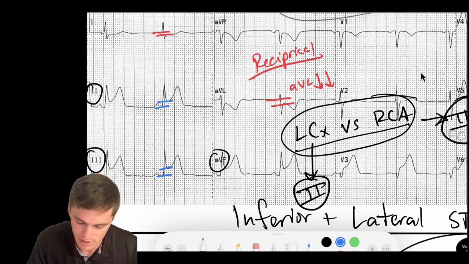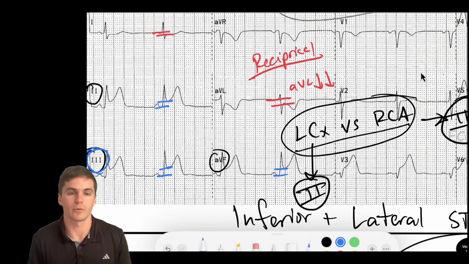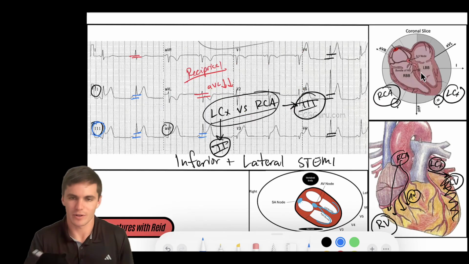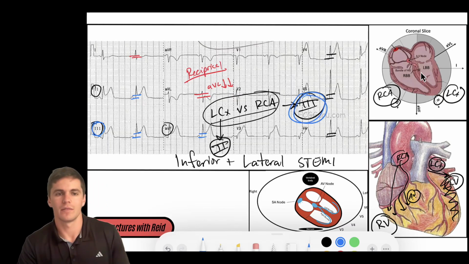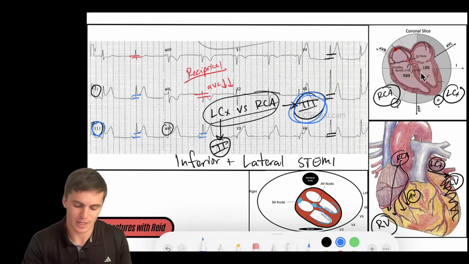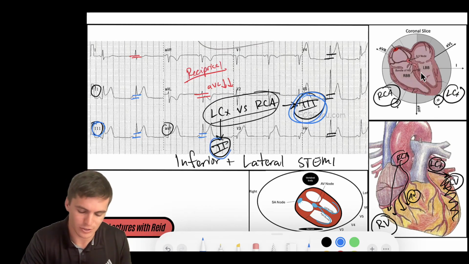So I don't see a predominant lead 3 compared to the rest. So just remember, if lead 3 is not incredibly dominant, consider left circumflex, right? Sometimes with left circumflex, it's not even that lead 2 is dominant. In this case, it's more that lead 2 ST segment elevation is equal to that of lead 3.